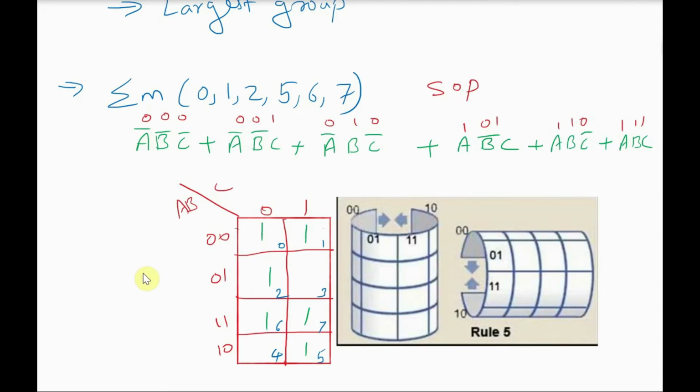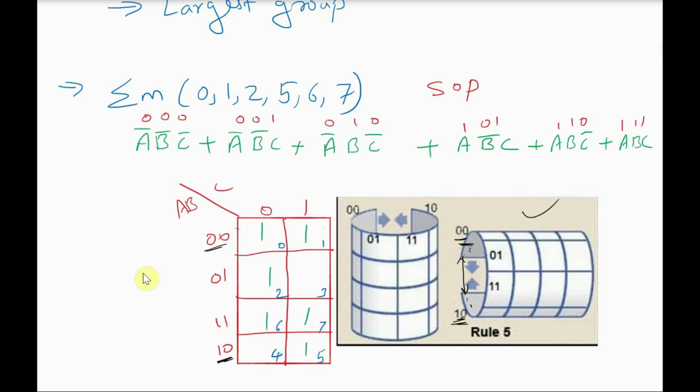You can see here in this figure, actually this figure is a 4 variable kmap. You can fold horizontally and vertically. You can see the top row, that is the 0, 0 row, and the 1, 0 row. When they are folded, these two become adjacent. When you fold it like a cylinder, the top row and the bottom row become adjacent, like the intermediate rows.